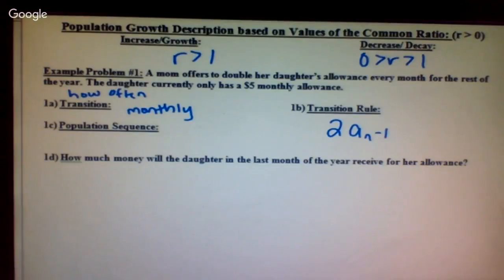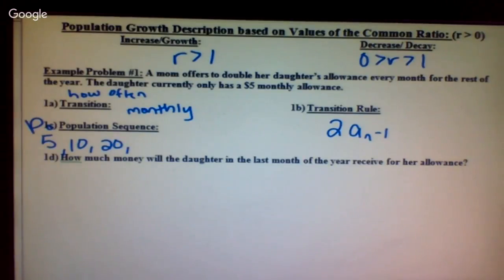So what does the sequence look like then? Well, this is the initial value, so that's P sub 0. After the first month, she walks away with $10. The second month, 20.